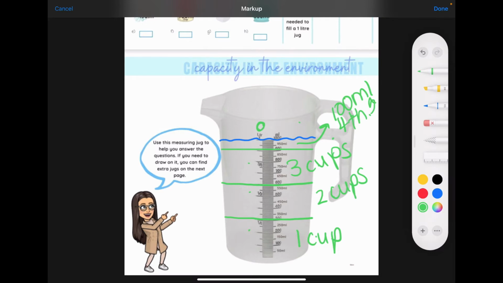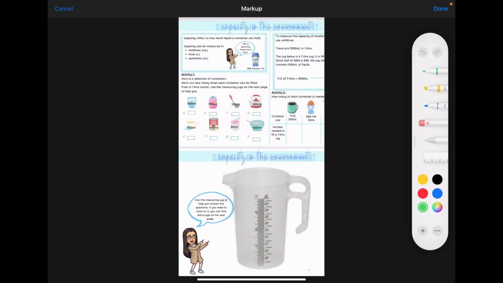However, I still had 100 mils left over. So what fraction of the 4th cup would that fill? Now, this activity is really only asking that you figure out how many full cups you can fill. But if you want to challenge yourself, then go ahead and tell me what fraction of the next cup could be filled with the remaining 100 mils. All right, let's move on to the next one.